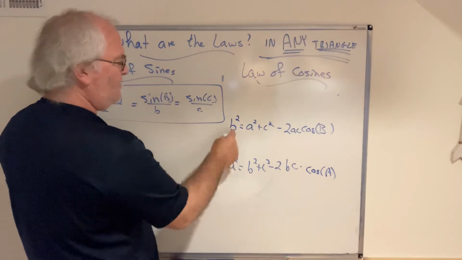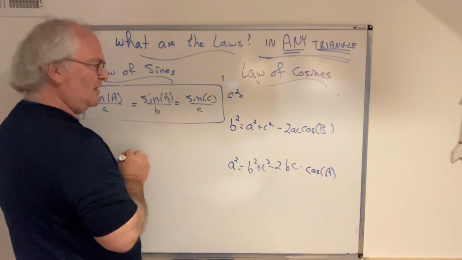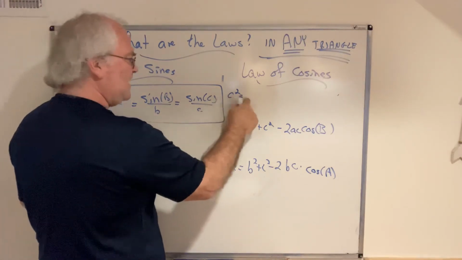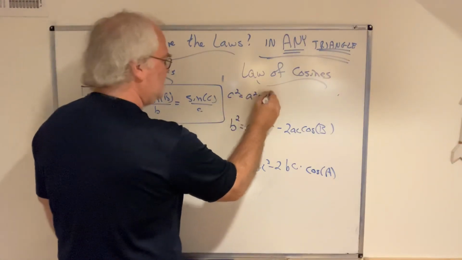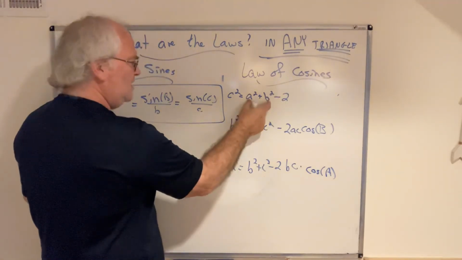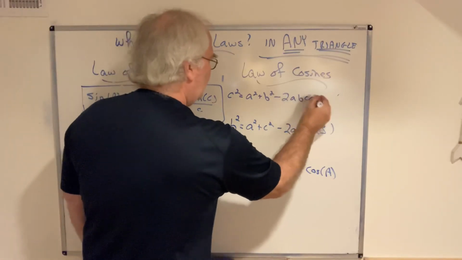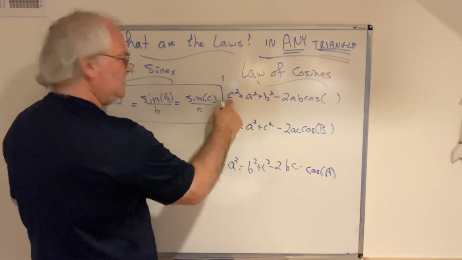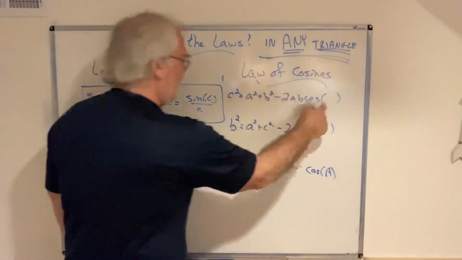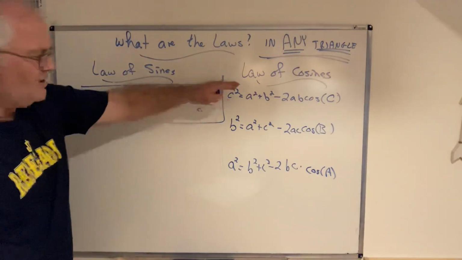We started with A, we started with B, we should be able to start with C. If this is C, then this has to be the other two, A squared plus B squared minus, it's always 2, and then these two sides become the multipliers. And then what goes in cosine is the angle. Whatever you started with, you end with. So it's not hard to keep this in your mind.